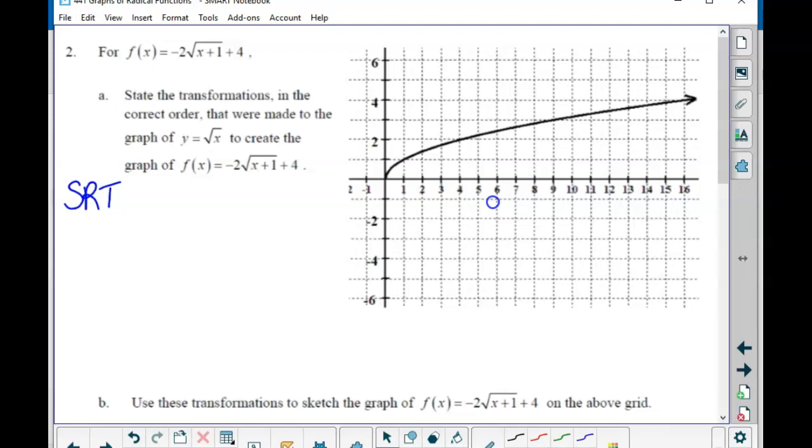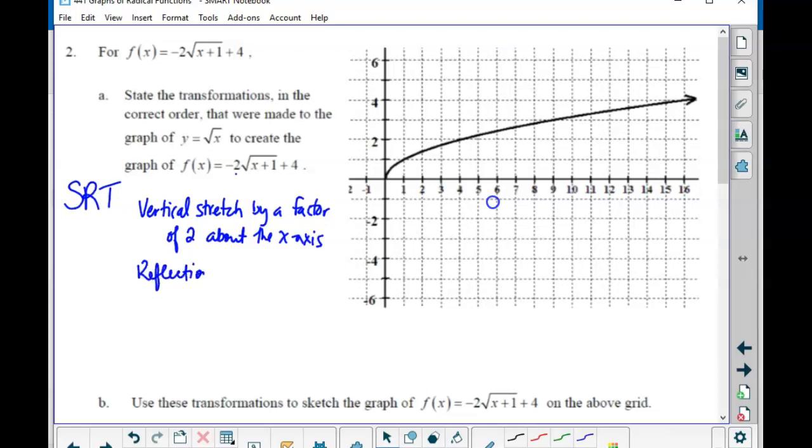So here, look at the number in front of the square root. It's a -2, so that means it's a vertical stretch by a factor of 2 about the x-axis. Then it's a reflection in the x-axis.